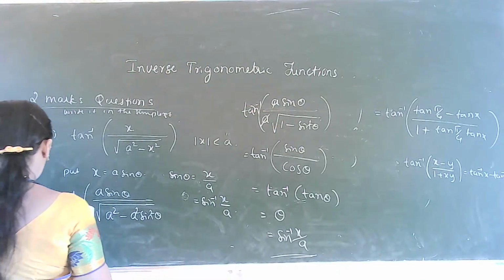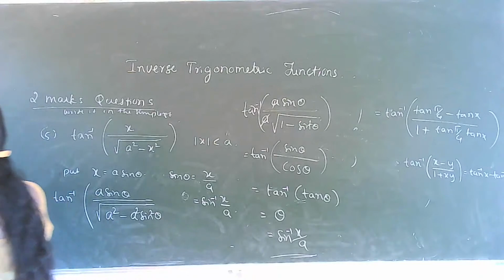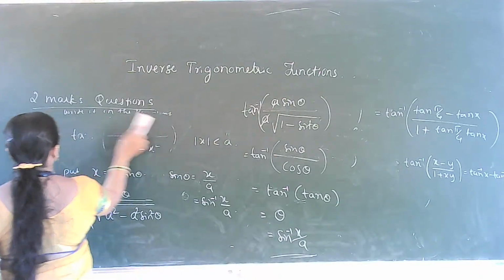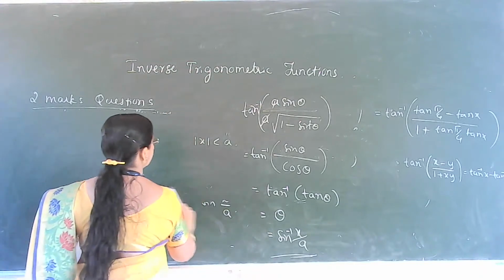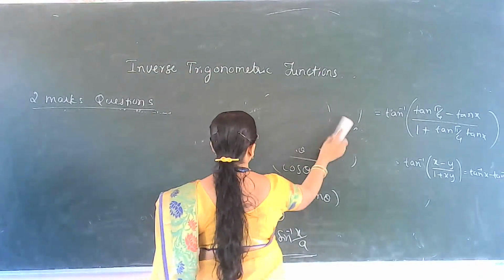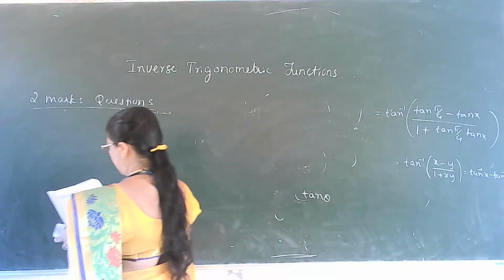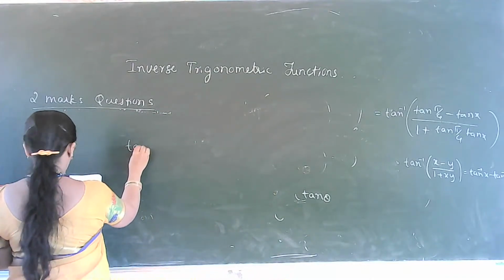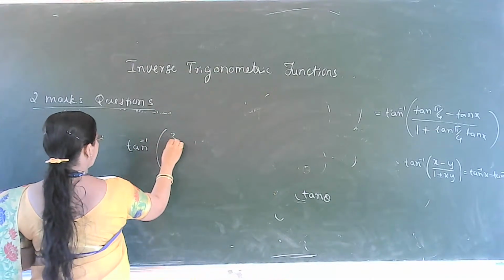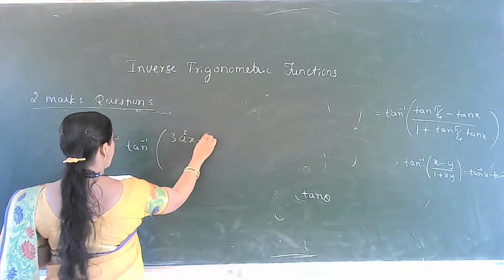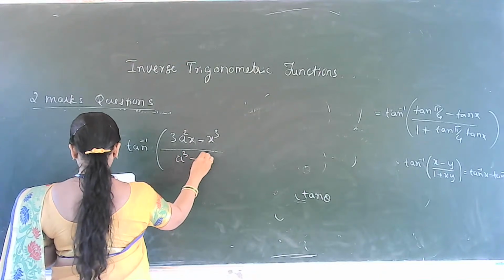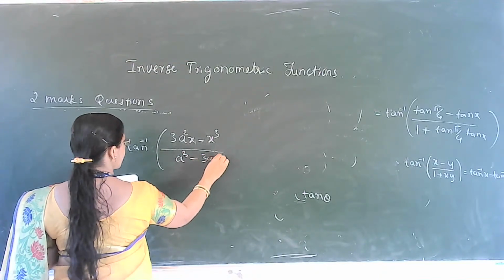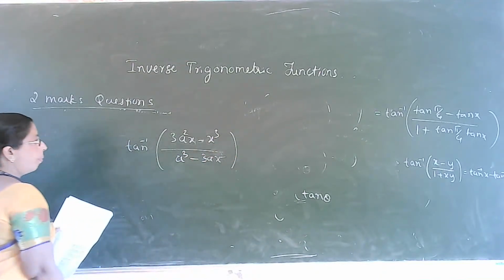Like the same, but I will discuss. Here, tan inverse of 3a square x minus x cube divided by a cube minus 3a x square.